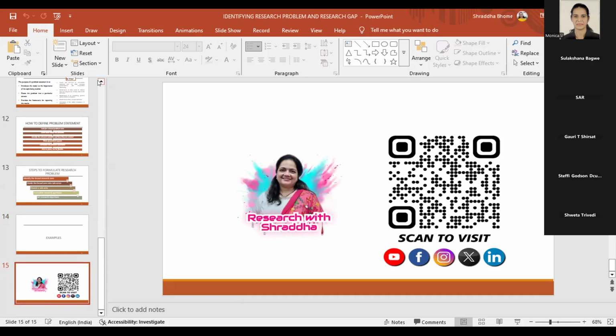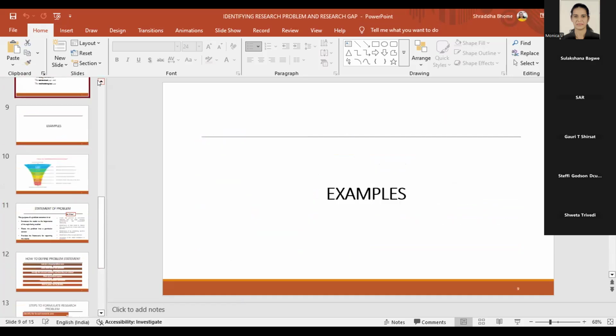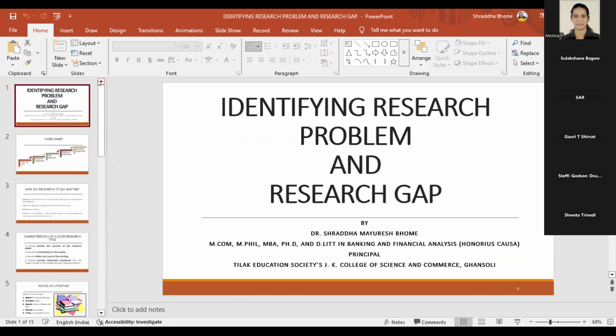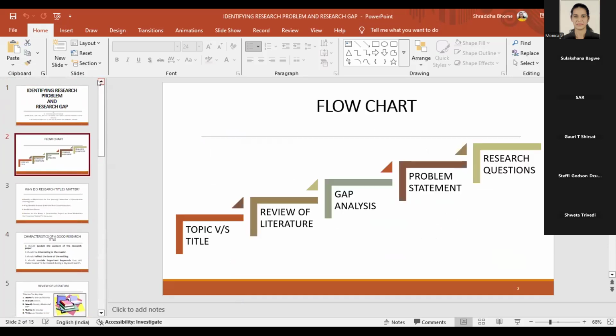To go into detail, first we will prepare a broad topic, then we will come down to the title. After doing a lot of literature review, you find the gap in the existing research work, from those gaps you find the problem statements, and then you come up to research questions.